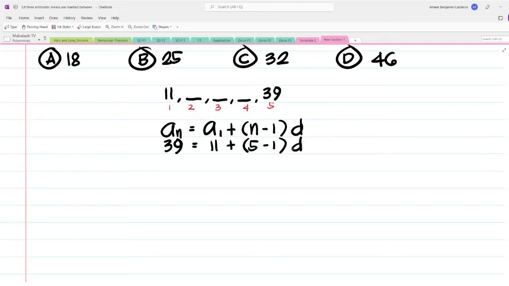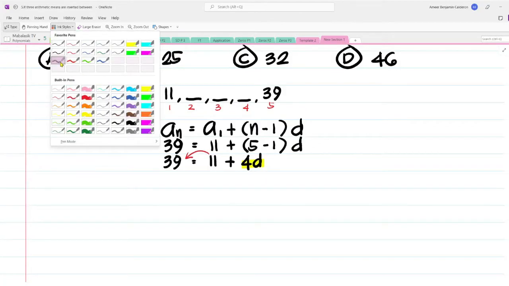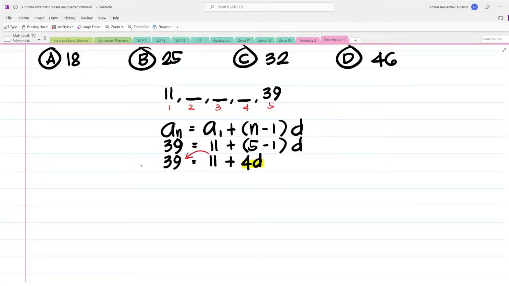Yun yung sinosolve natin. So simplifying further, we'll have 39 equals 11 plus 5 minus 1 for d. So, since we are solving for d, the term that contains d should be isolated on one side of the equation. So, we can transpose 11 to the other side to give us 39 minus 11.